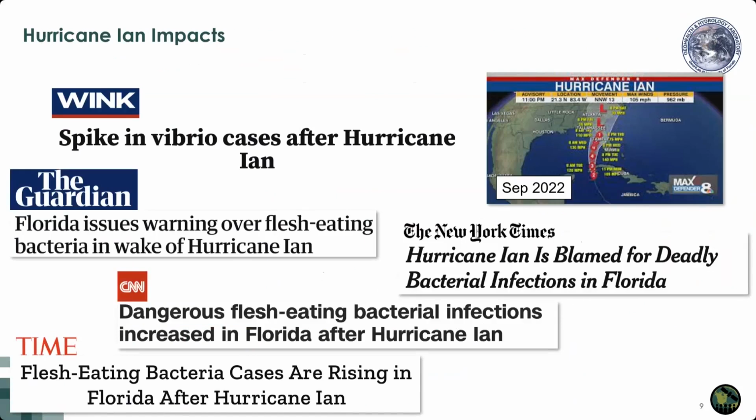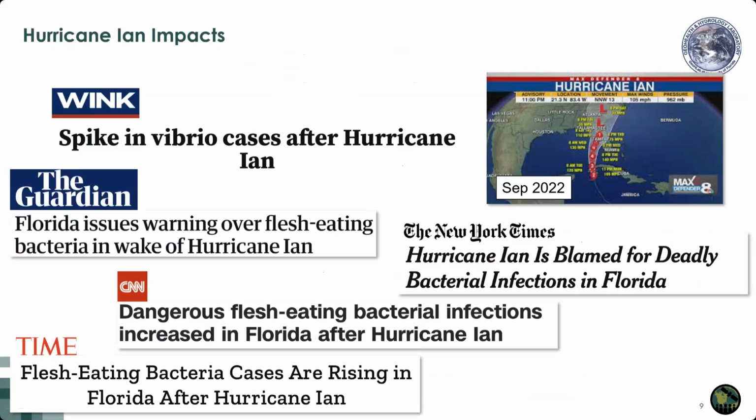Here you're seeing the impacts of Hurricane Ian, where this devastating hurricane hit coastal Florida in September of 2022, and we saw a spike of Vibrio cases, particularly Vibrio vulnificus cases in Florida. Vibrio vulnificus is a Vibrio species, different from cholera, but from the same family.